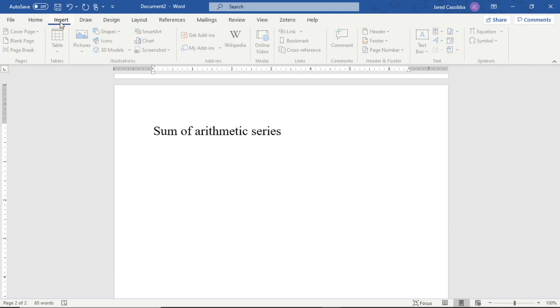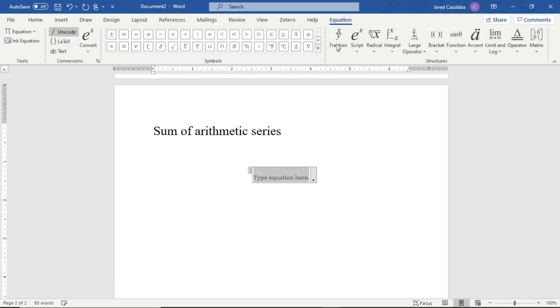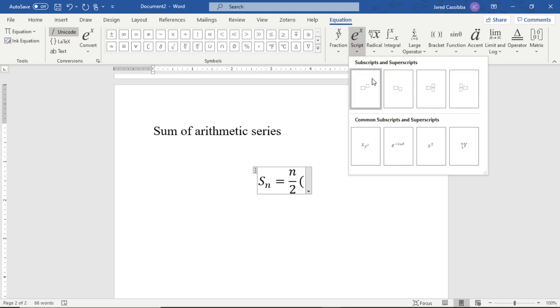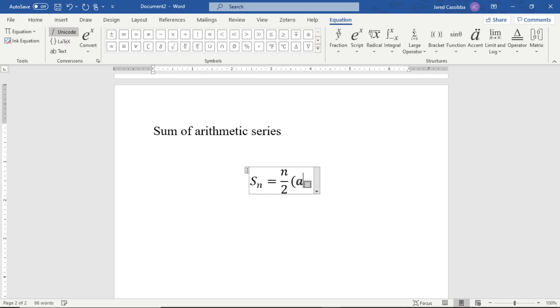Let's insert that formula. So we have S, and let me make that capital, S equals n divided by 2 times a_1 plus a_n.